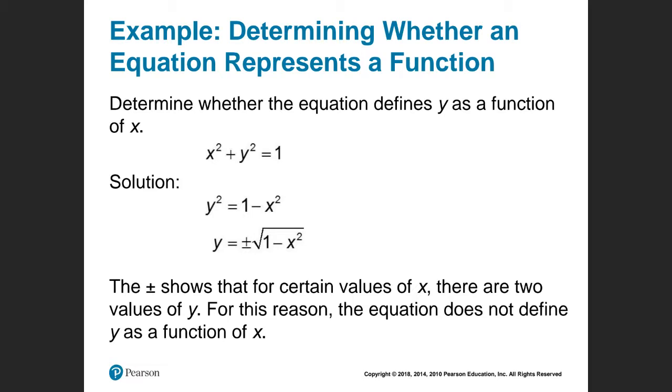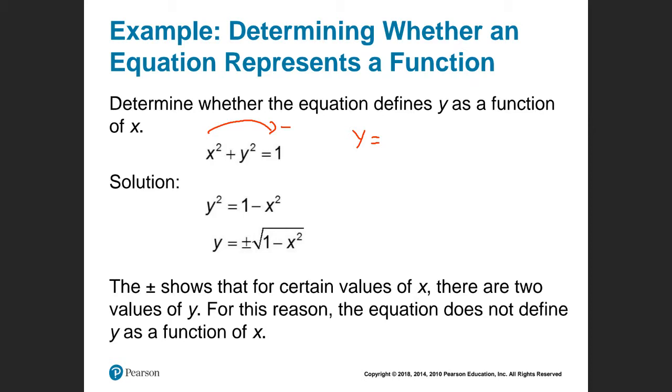Determine whether the equation defines y as a function of x. x squared plus y squared equals 1. Remember, try to get y alone. So now move x squared to the right side and it becomes negative, because positive moved becomes negative. So y squared equals 1 minus x squared.